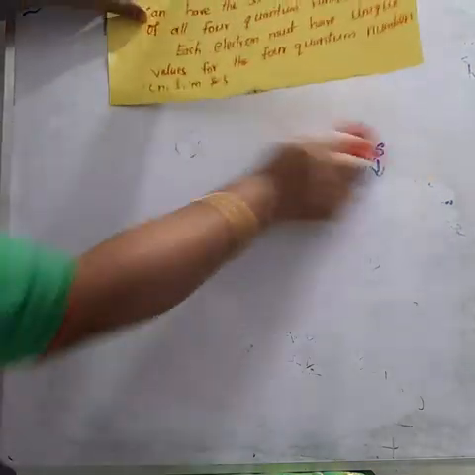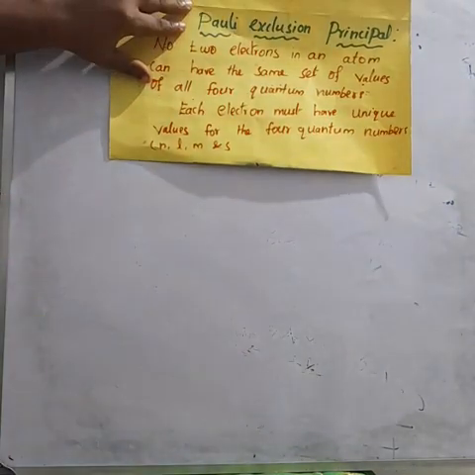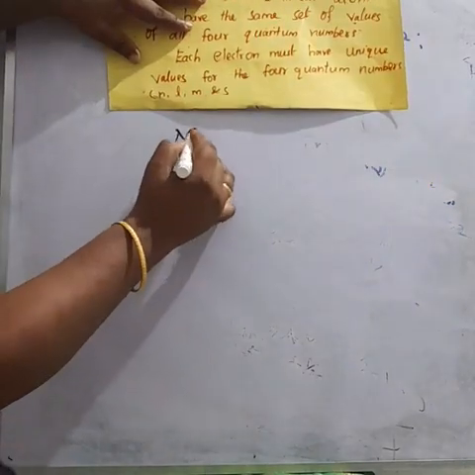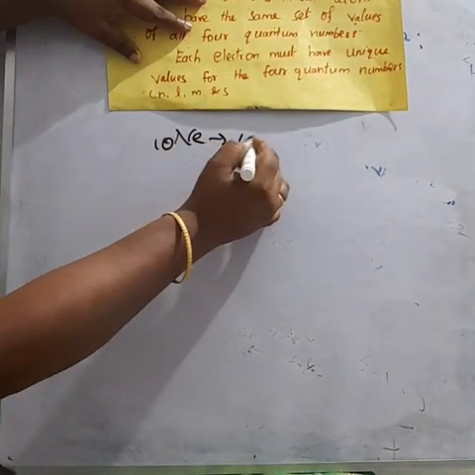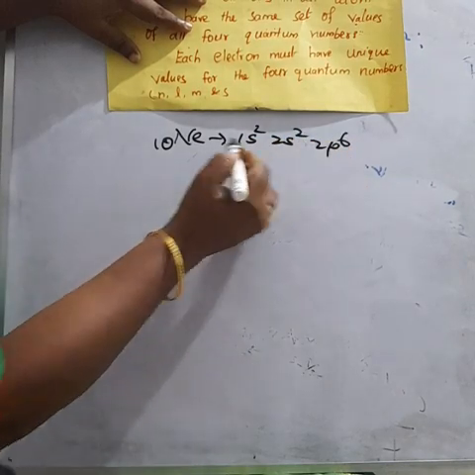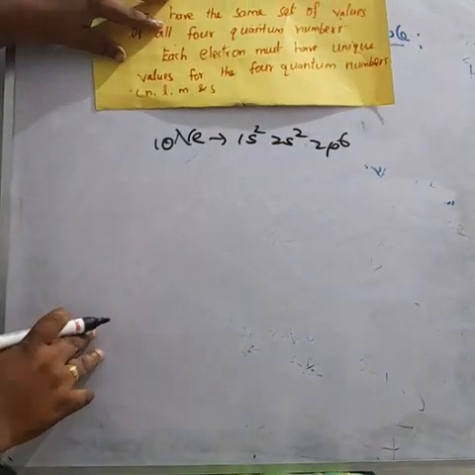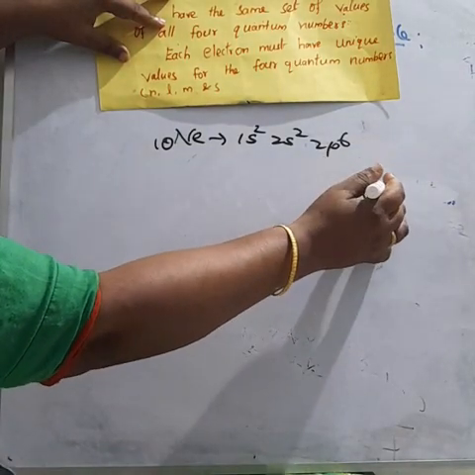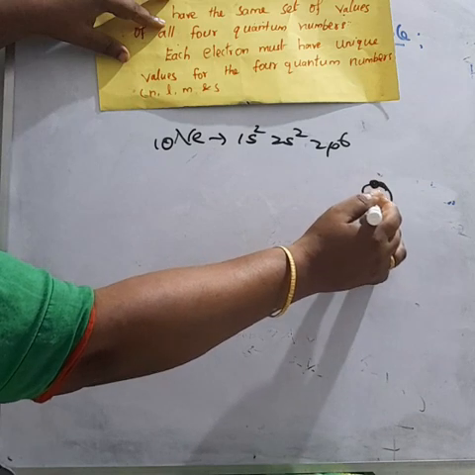Neon, what is the atomic number? Neon, 10. What is the electronic configuration? 1s2, 2s2 and 2p6. 1s2 means first orbit, first shell, that is K shell. In the K shell we can accommodate 2 electrons, n is equal to 1. So 1s2 means 2 electrons.